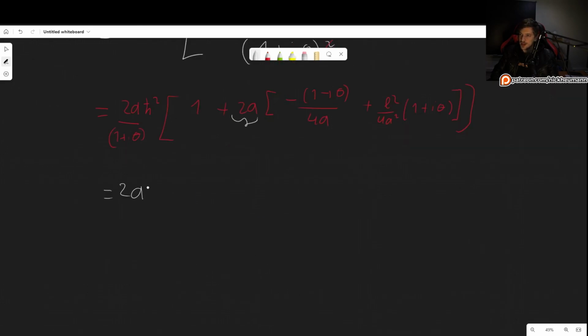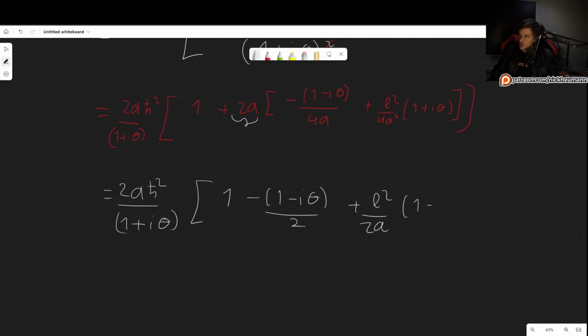Multiplying through, we get minus 1 minus I theta divided by 2 plus L squared divided by 2a, 1 plus I theta. Now we can multiply by 2 so that we get rid of these divided by 2's, and this thing here turns into a 2. Now notice we have minus 1 plus this thing. 2 minus 1 is simply plus 1.